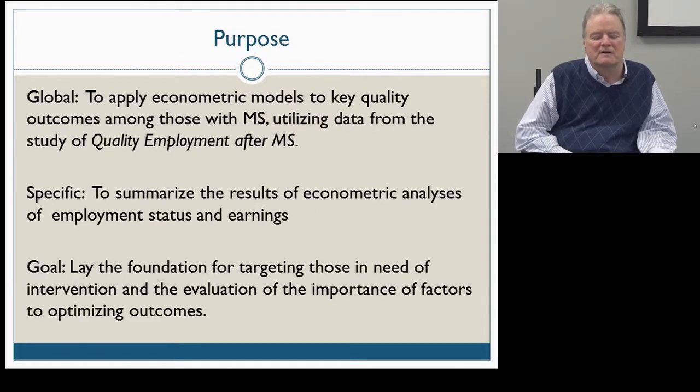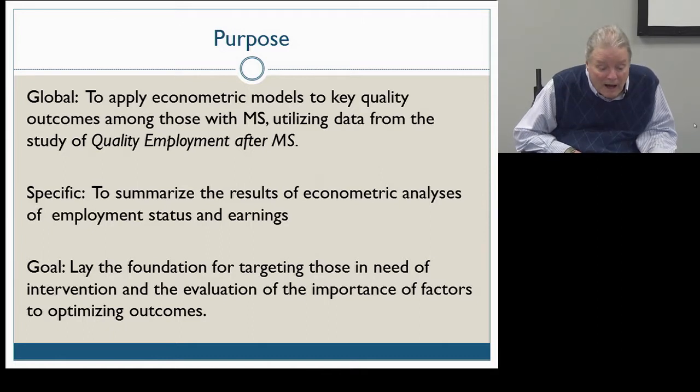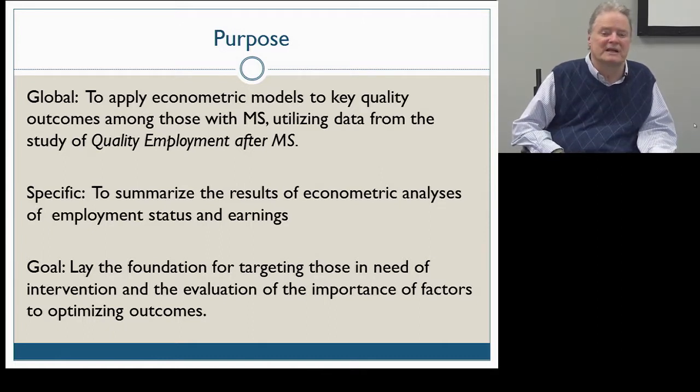So the purpose of what I am going to talk to you about in terms of analyses today is to apply, again, our global purpose of our research program is to apply the econometric models to key quality outcomes among those with MS using the data from the Quality Employment After MS study. That is the study we've done as part of the VCU Rehabilitation Research and Training Center.